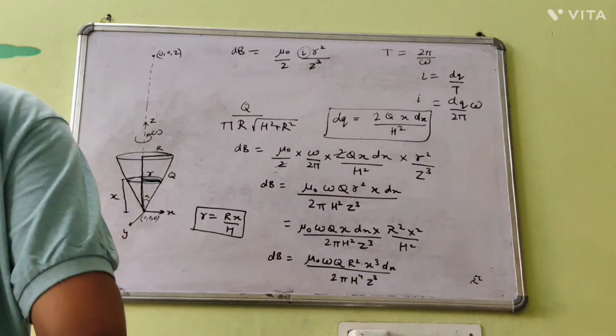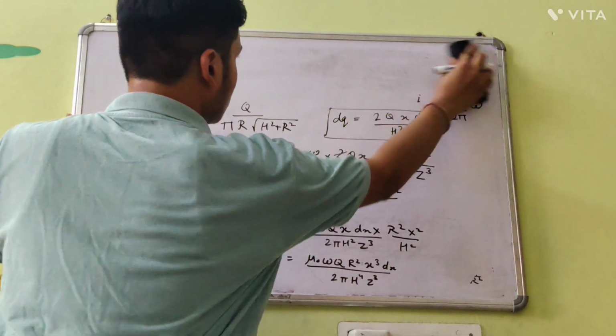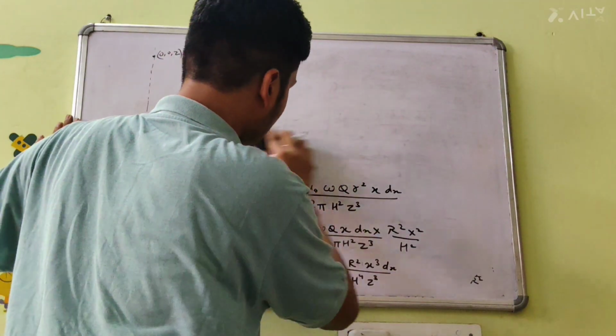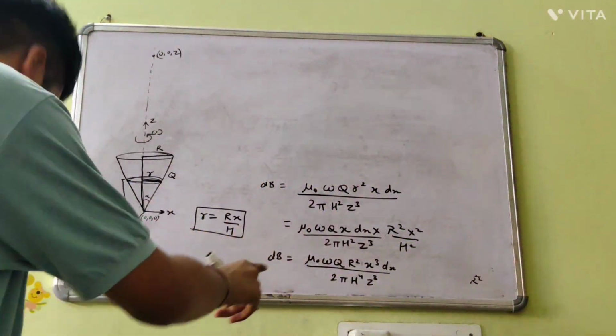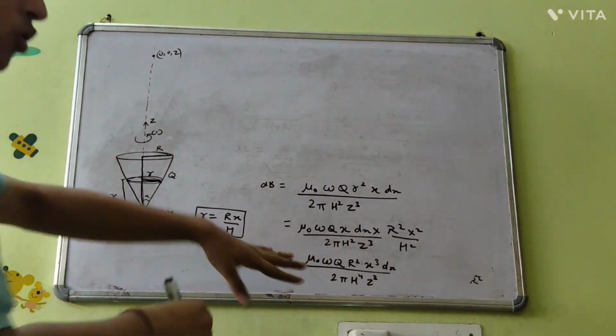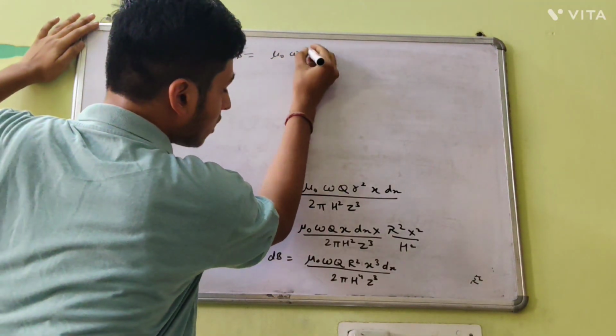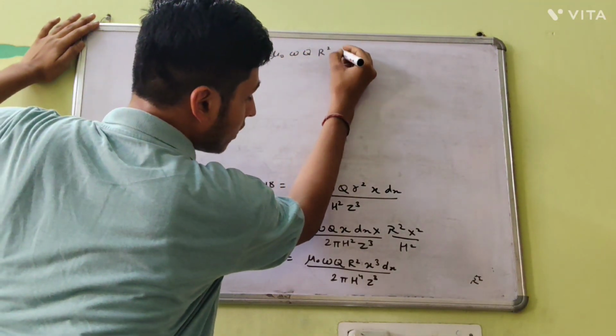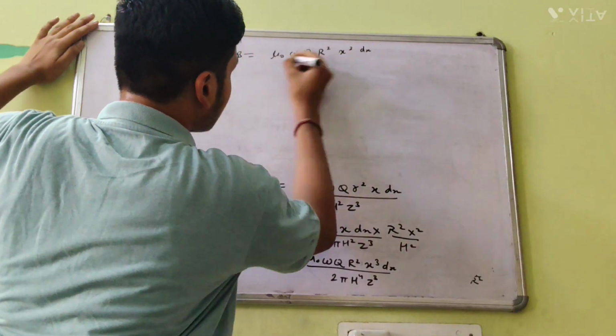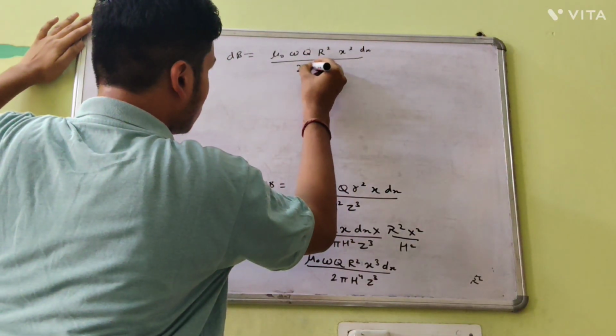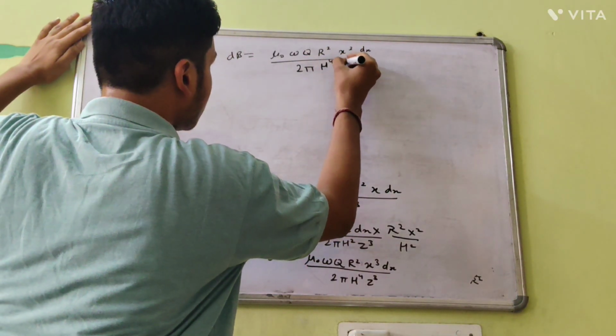This is dB, the small magnetic field produced by this element.